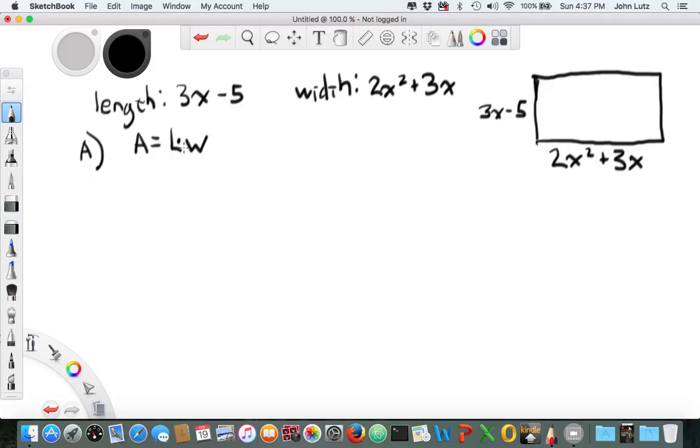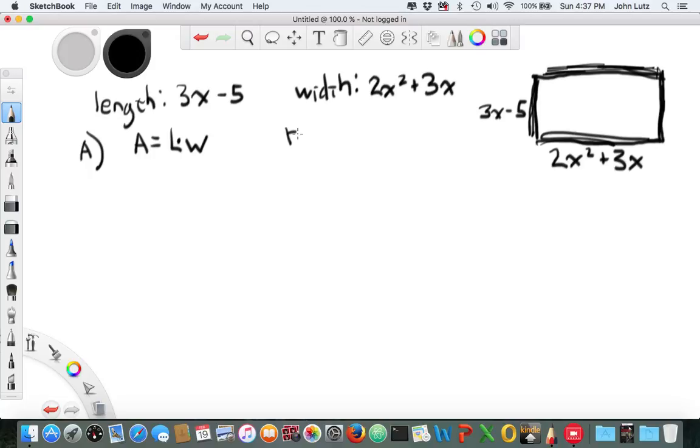That is your area. Perimeter is a little bit more difficult just because you've got to go down this side, and then you've got to go around this side, and then up, and then up. You kind of need to know that you have to do your length twice and your width twice, right?